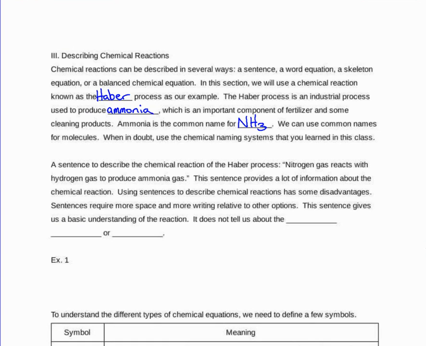The sentence gives us a basic understanding of the reaction, but it also doesn't tell us everything. There are still things that we would like to know that we don't. It doesn't tell us about the chemical formulas. That would be helpful, especially if we're talking about converting a mass of something to moles. Remember, we always go to moles. It also doesn't tell us about the quantities.